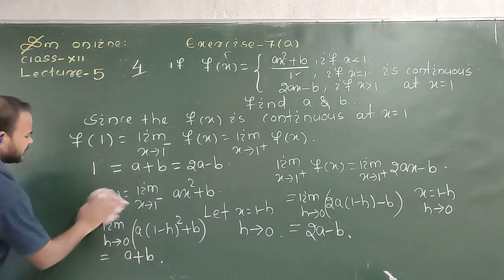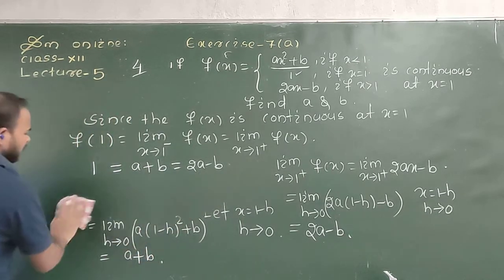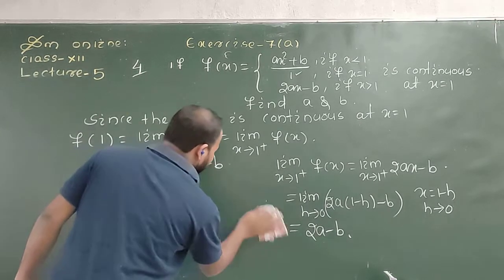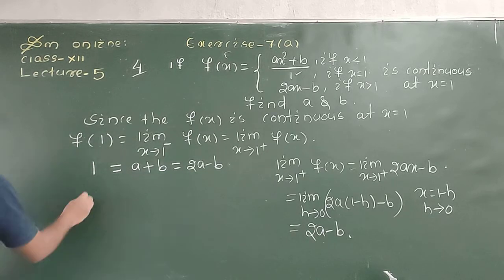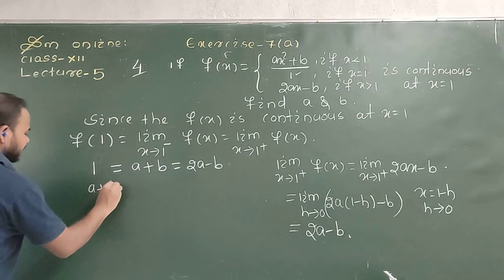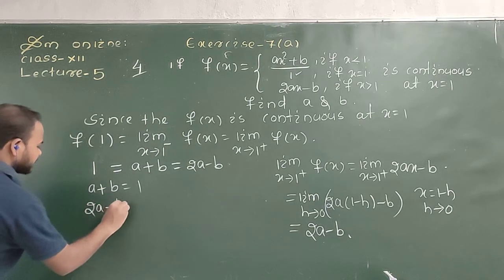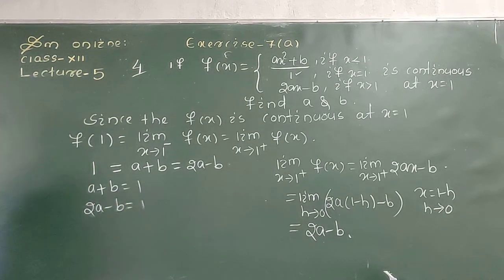So from these equations we find the value of a and b, that is a plus b equal to 1 and 2a minus b equal to 1.